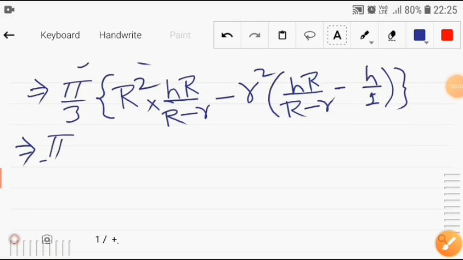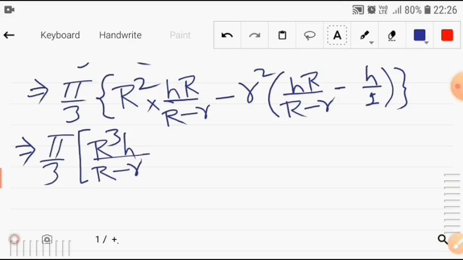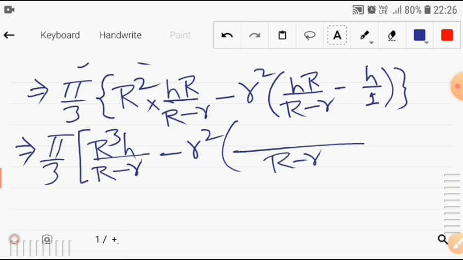Next line, pi by 3, R square H is R cubed h by R minus r minus r square. Now we will subtract these terms. LCM will be R minus r, multiply 1 is R minus r. So by cross multiplying we will get the above terms. hR multiply 1, cross multiplying means this way we will multiply.